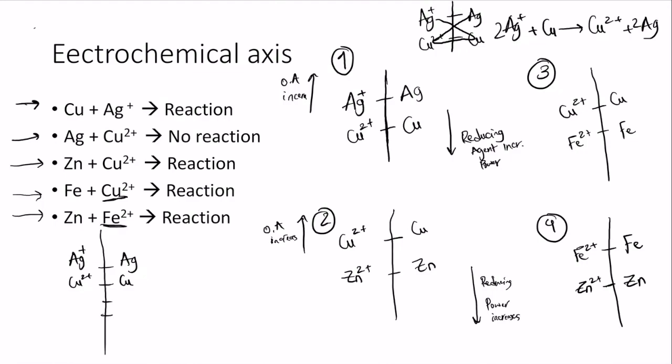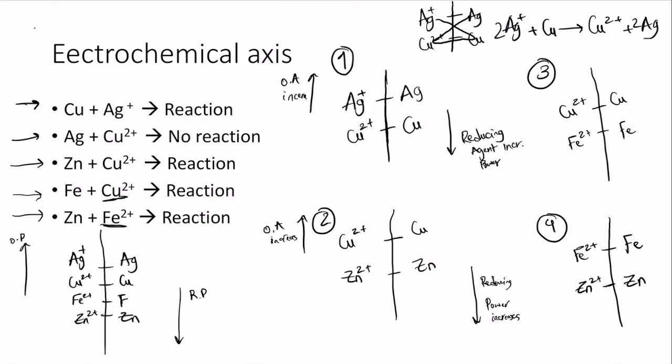So Fe here, we have Fe2+/Fe and Zn2+/Zn, both below Cu. Oxidizing power increases here, and reducing power increases here as we go down.